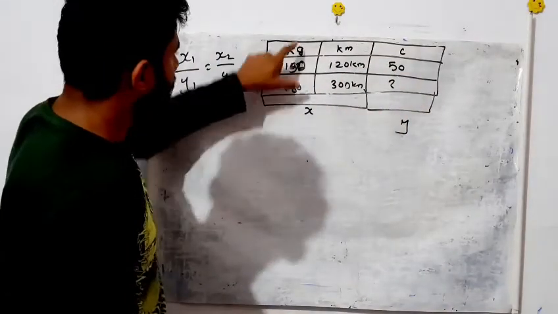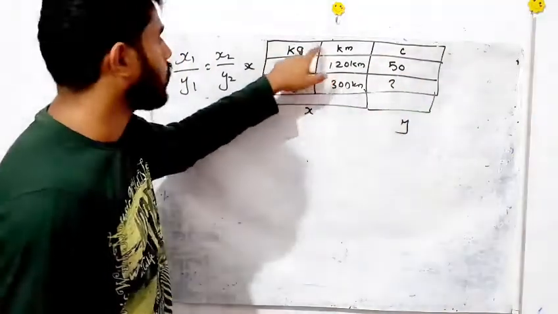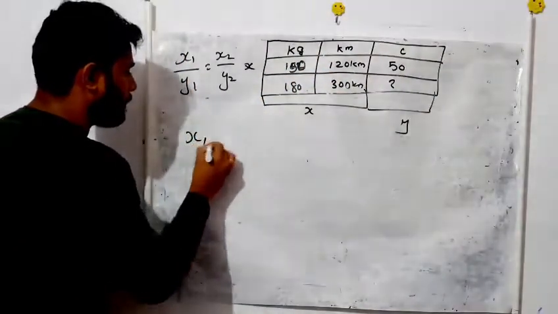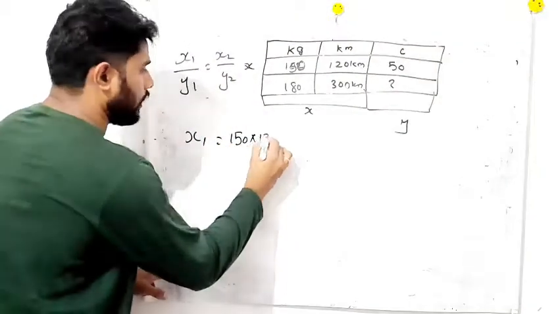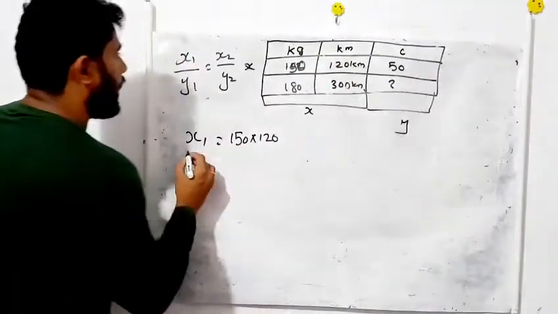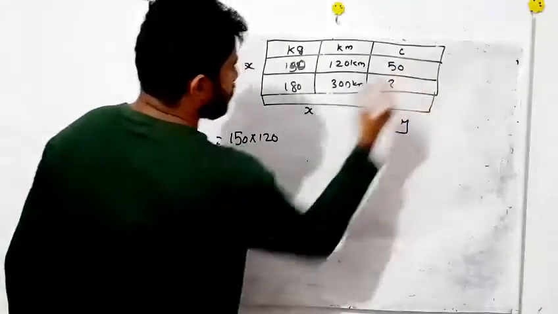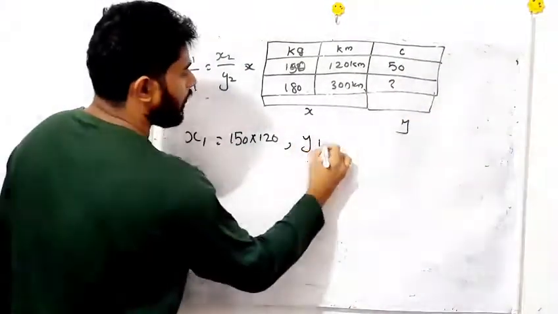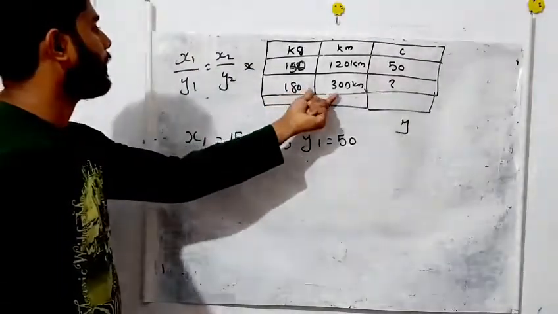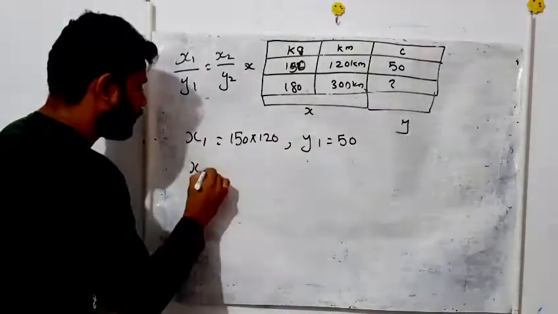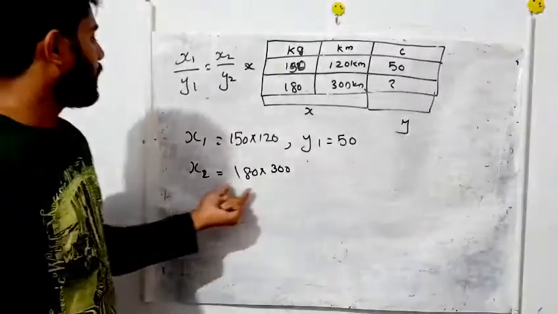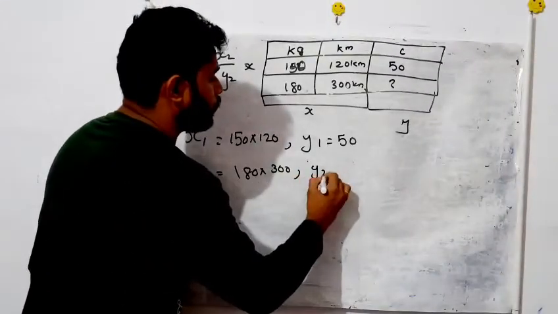If we take these 2 quantities as x, then x1 will be 150 into 120, y1 is the cost, 50. And x2 will become 180 into 300, and y2 we don't know.